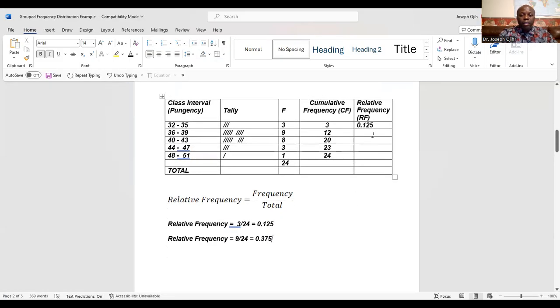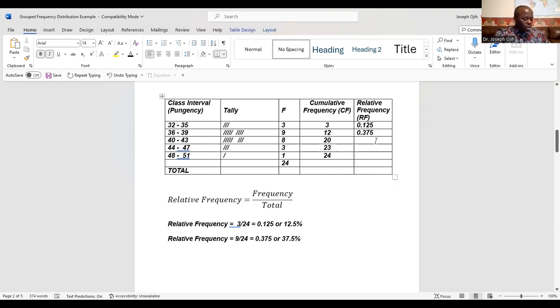Remember, these are percents too. So you can call this one 0.125 or 12.5%, and this one 0.375 or 37.5%. But what you put in the table is the decimal. Following this method, I got the rest of them.